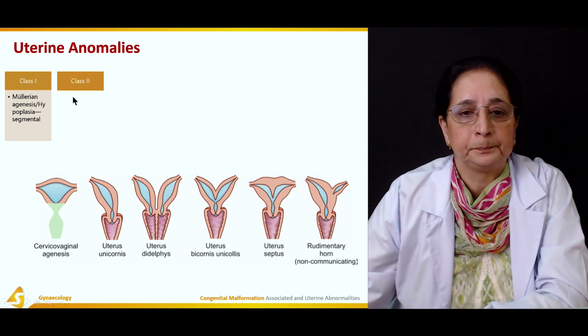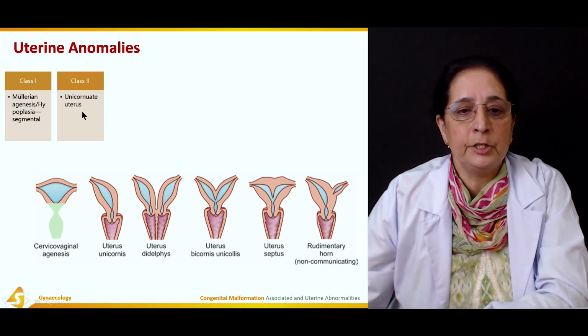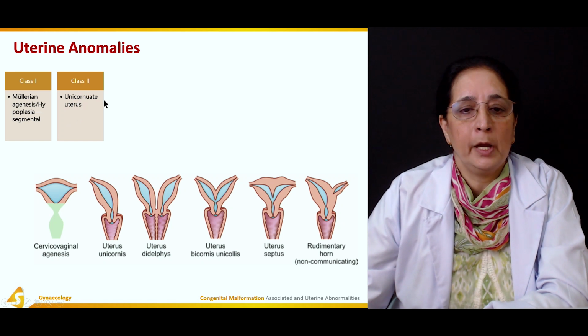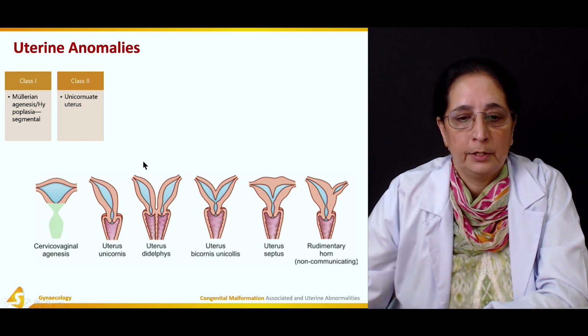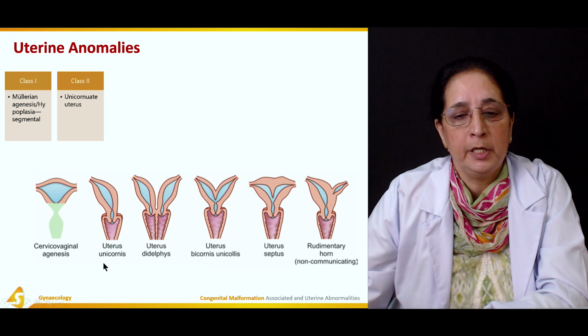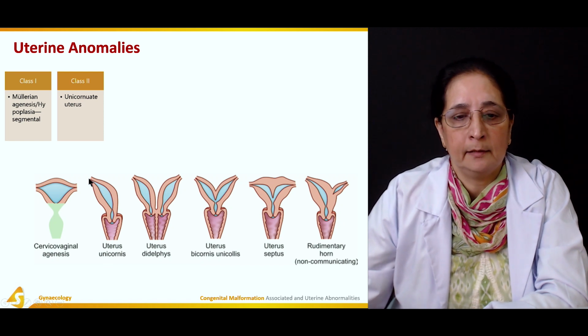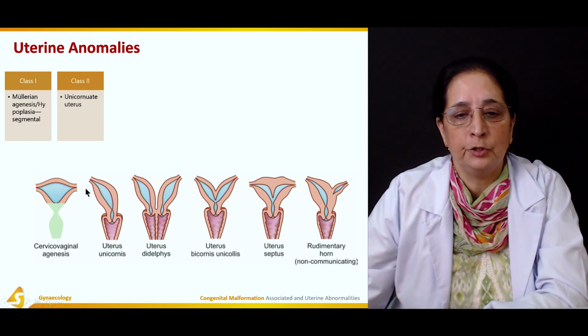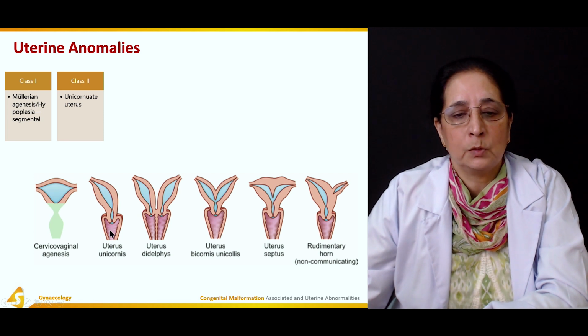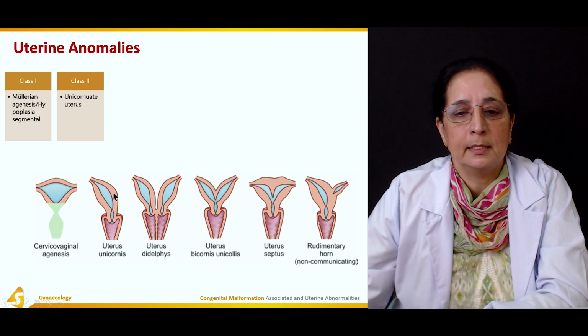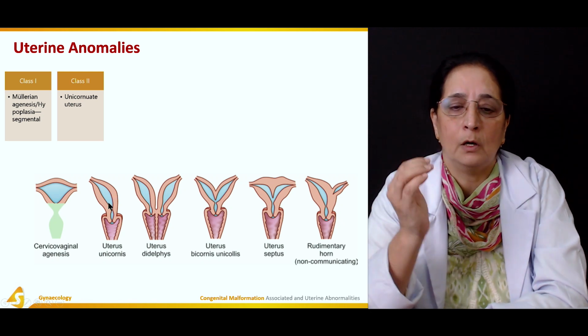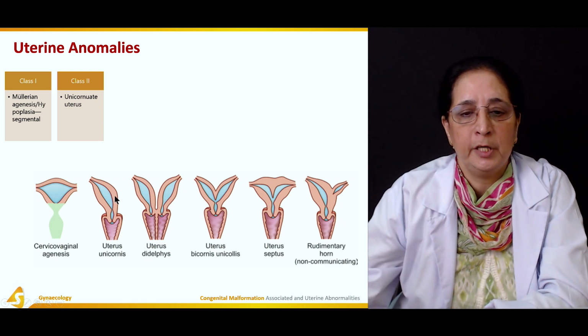Then next, class 2, there is unicornuate uterus. You can see there is a unicornuate uterus. Cervix and vagina are present, but there is just one cornua of the uterus.